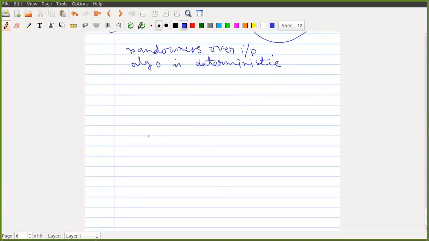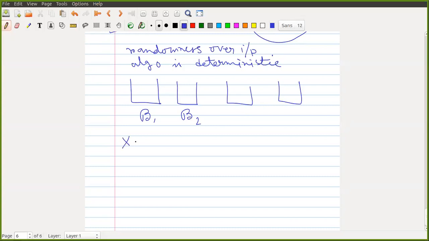Basically, we have a couple of bins, in this case buckets. Some buckets are there, say bucket 1, bucket 2, something like that. The inputs will be coming here.